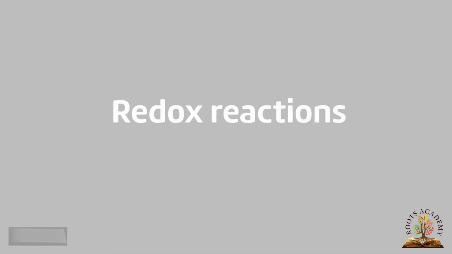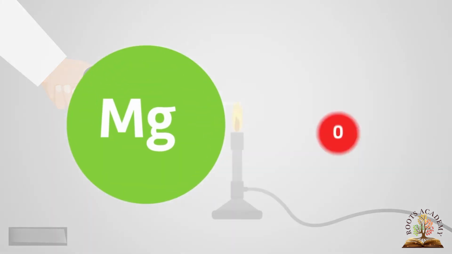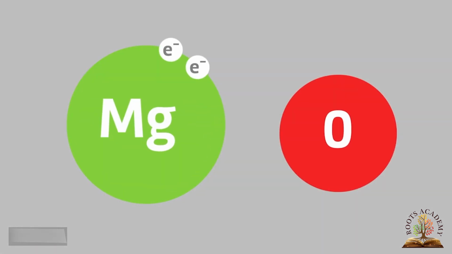Redox reactions. When magnesium combines with oxygen to form magnesium oxide, electrons on the magnesium atoms are more strongly attracted to the oxygen atoms than they are to their own nuclei, so they swap over, creating two ions.